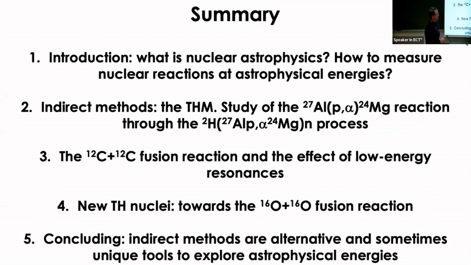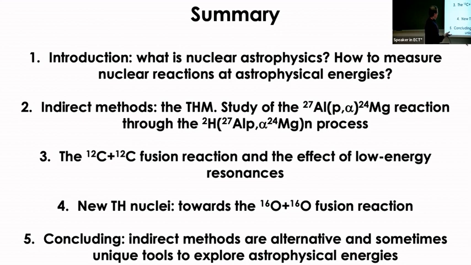This is just one of the examples, but you can think about many applications, some of them unique to indirect methods. I've shown you 3 results in increasing order of difficulty: the aluminum-27 p-alpha reaction, carbon-carbon fusion, and the last result, still under evaluation, the oxygen-oxygen fusion reaction.